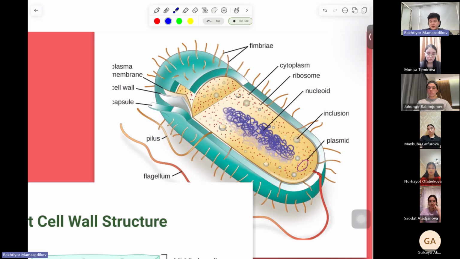Okay. So what's the function of DNA, Munisa? It keeps the information about structure, for example, of a plant or something.